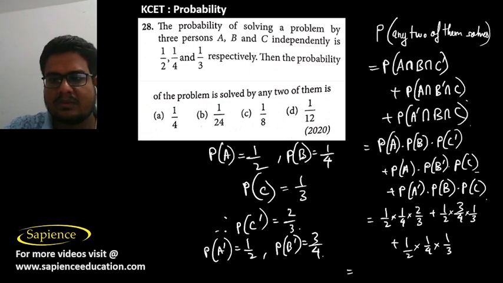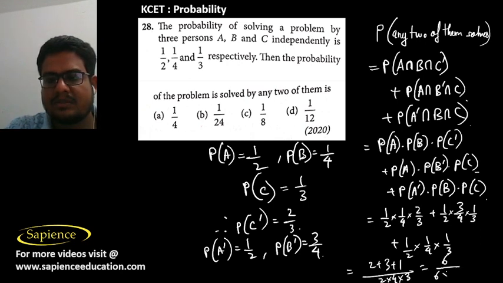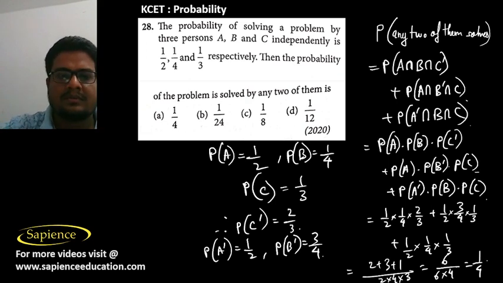So that will be equal to 2 plus 3 plus 1 over 2 into 4 into 3. So this will be 3 plus 3, that is 6, 6 by 6 into 4, that is 1 by 4. So it means that option A is the correct answer.